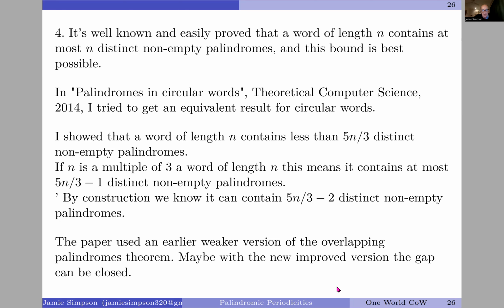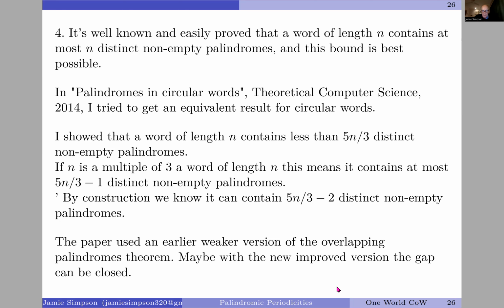What this has to do with palindromic periodicities is that in that paper, I used a weaker version of the overlapping palindrome theorem. That's the theorem about if two palindromes contain each other's centers, then the union produces a palindromic periodicity. The weaker version just said that it produced an apparent periodicity, without noticing that it was a palindromic periodicity.